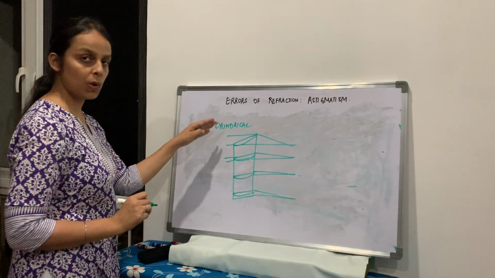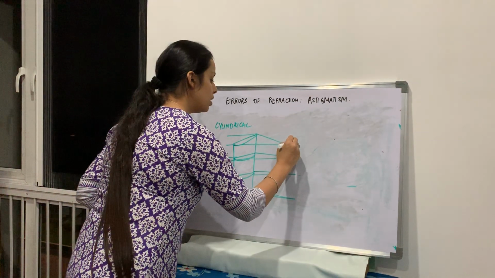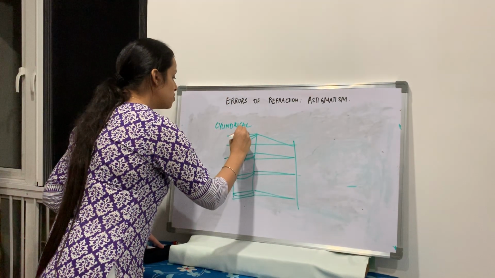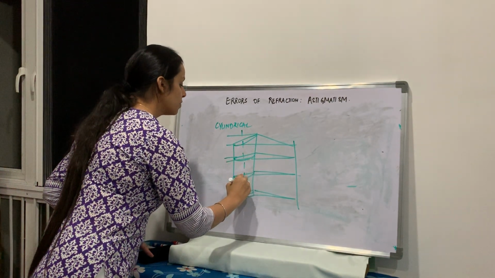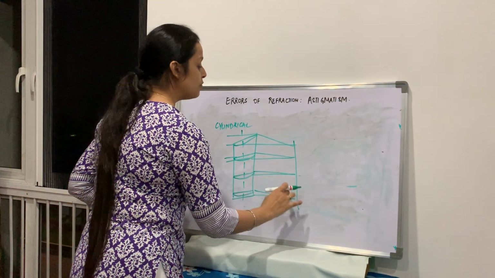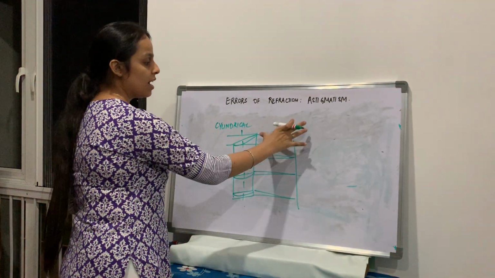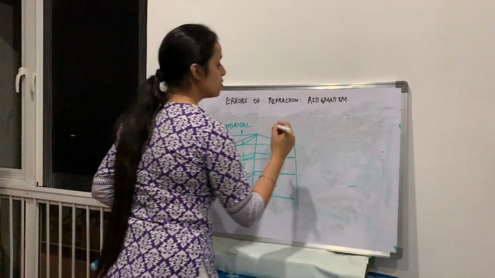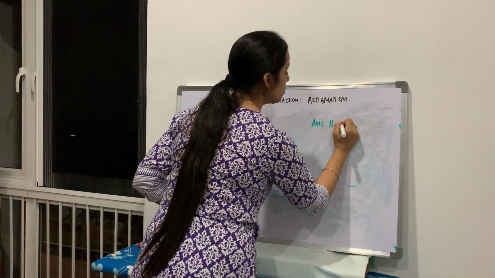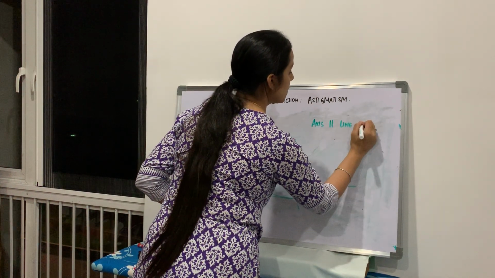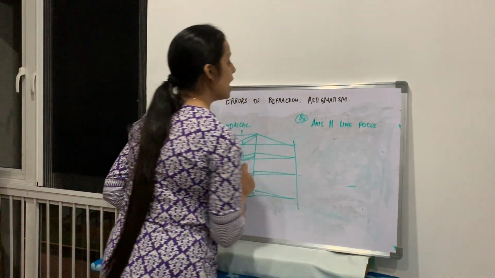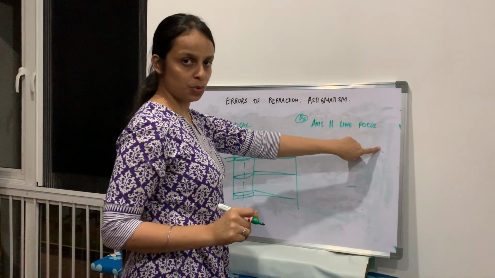So instead of forming one point focus, it forms a line focus. If this is the axis of the cylinder, this line focus is parallel to the axis of the cylinder. So the axis is parallel to the line focus. This is again a question.